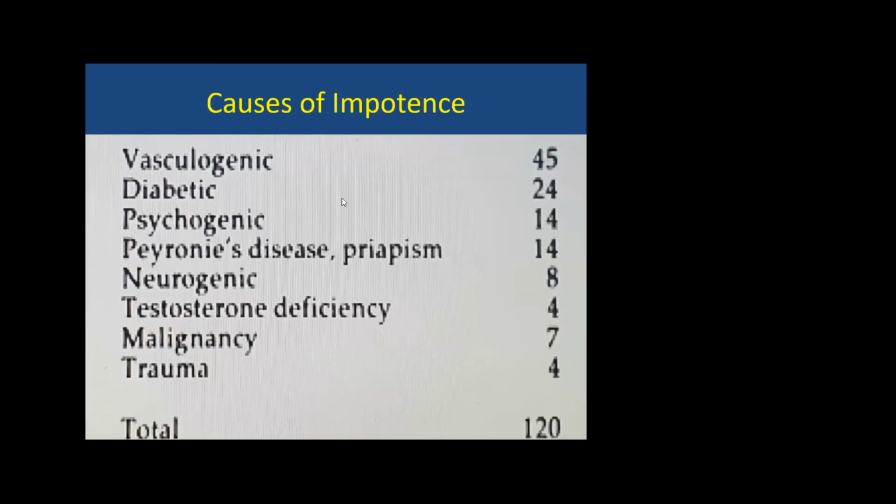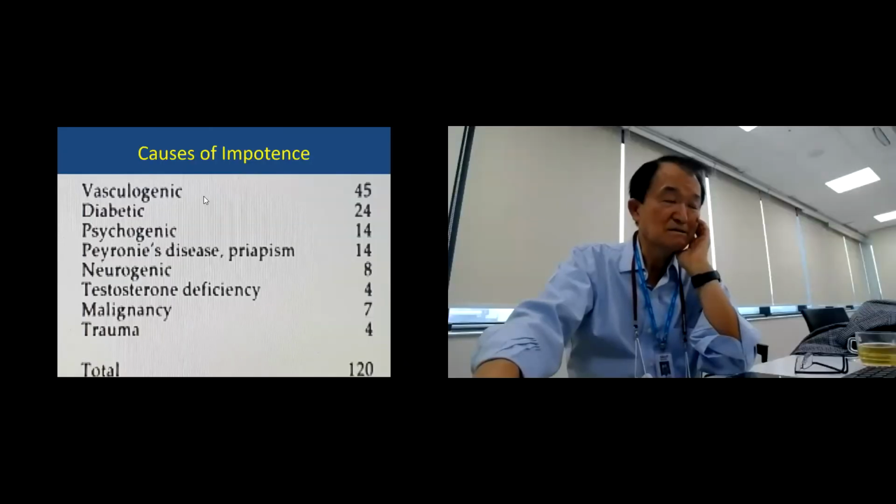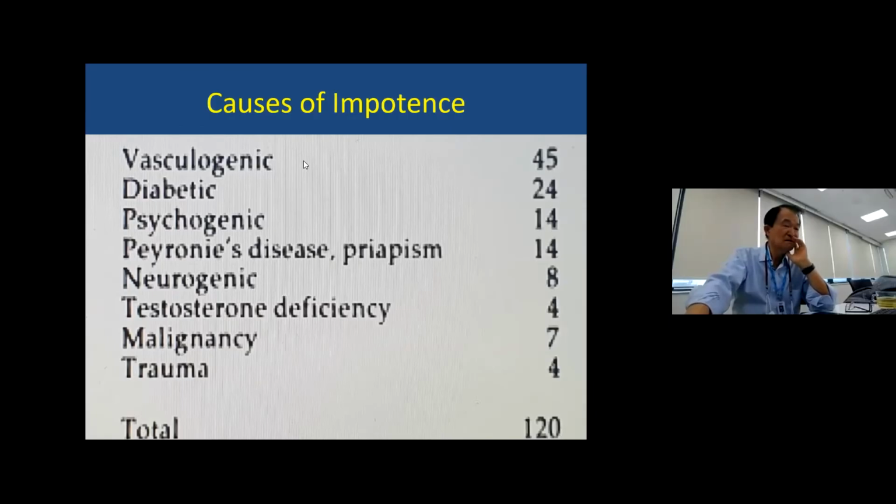So why is it important? Because vasculogenic, penile vascular obstruction, is about half, diabetic about a third, but psychogenic and neurogenic is probably maybe a quarter. Certainly testosterone deficiency.